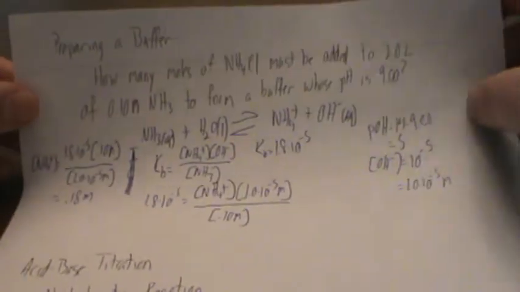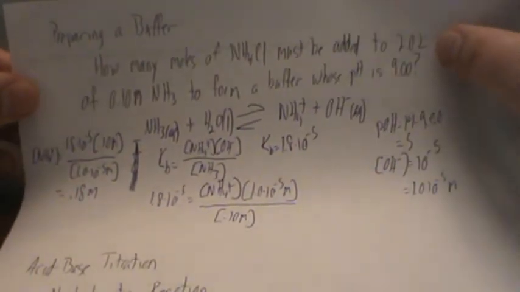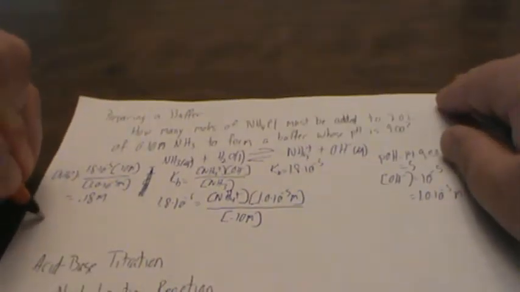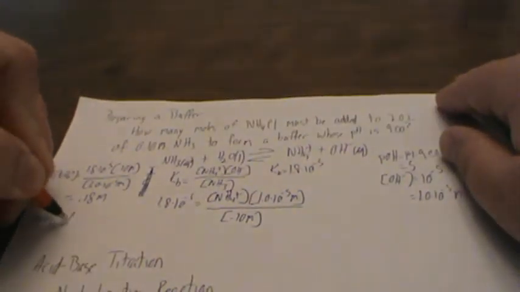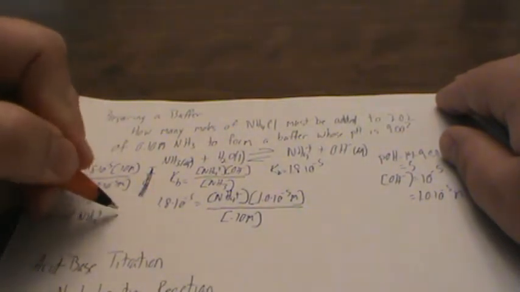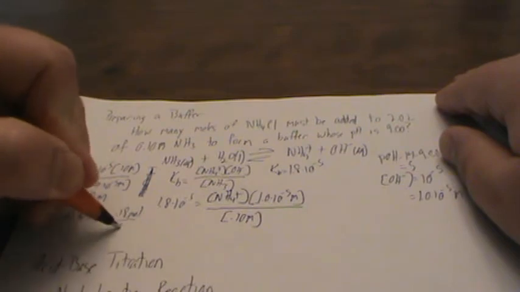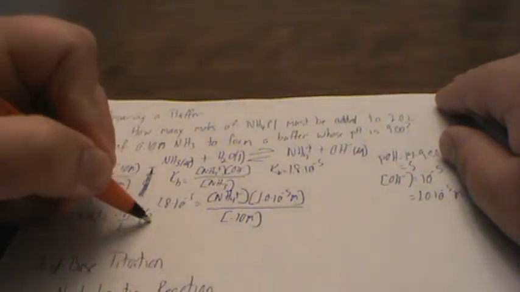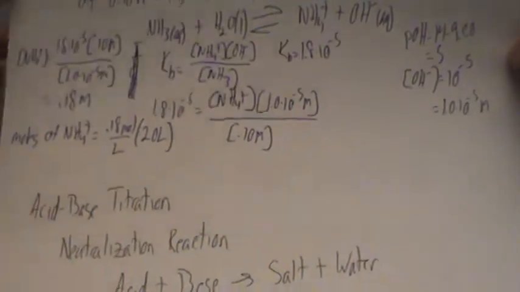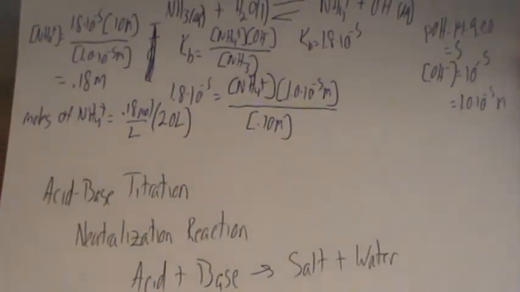If we look at the problem, it says to add to 2 liters of our ammonia solution. So for moles of ammonium, we take our concentration, 0.18 moles per liter, and multiply that by our volume, 2 liters, so 0.18 times 2.